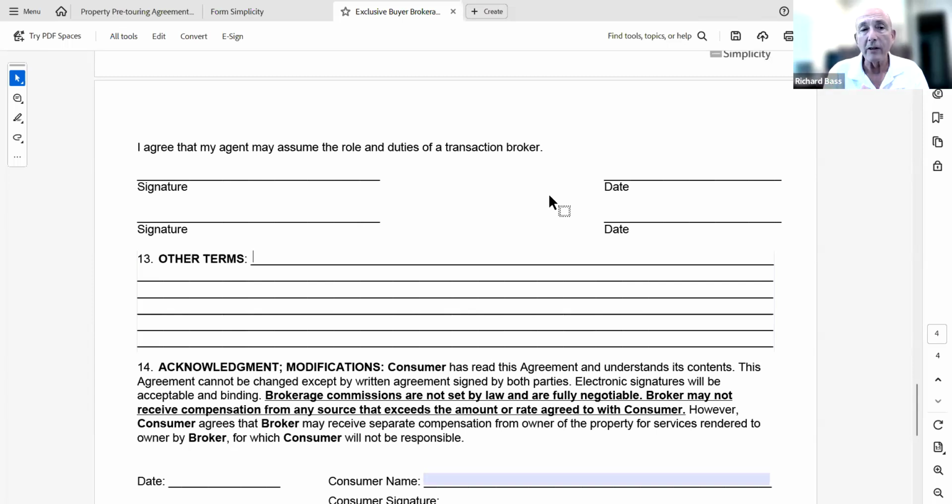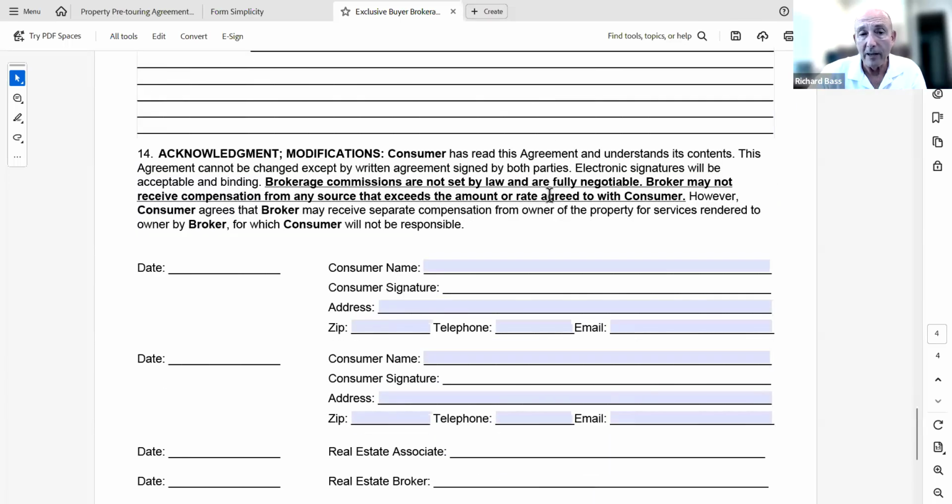But if you have a relationship with somebody, this is a great place to talk about the relationships you have and why you want them to be pre-qualified, why you want them to work with a title company that you have a relationship with, so that you are in control of the transaction. And again, if you're taking a retainer, this is where you can write in: retainer will be deducted from buyer broker compensation at closing.